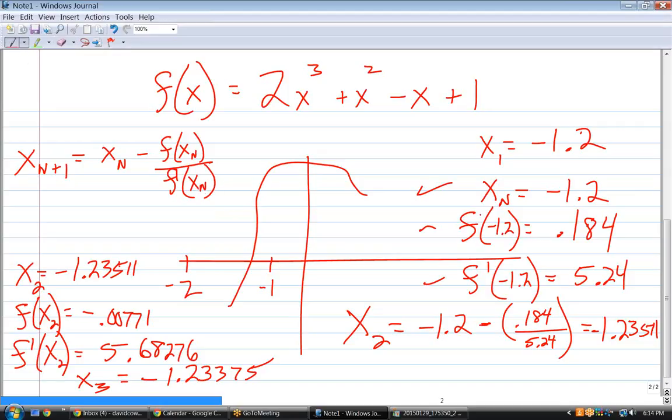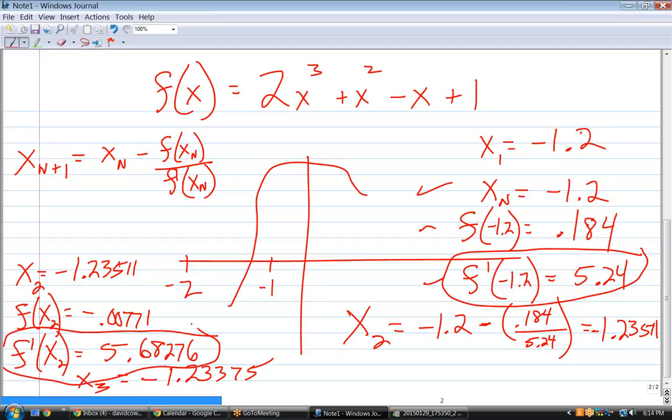Notice that in our case, the first derivative here was equal to 5.24, and in the second iteration, the first derivative was equal to 5.68. If either of those numbers is ever 0, then this method isn't going to work. Okay.